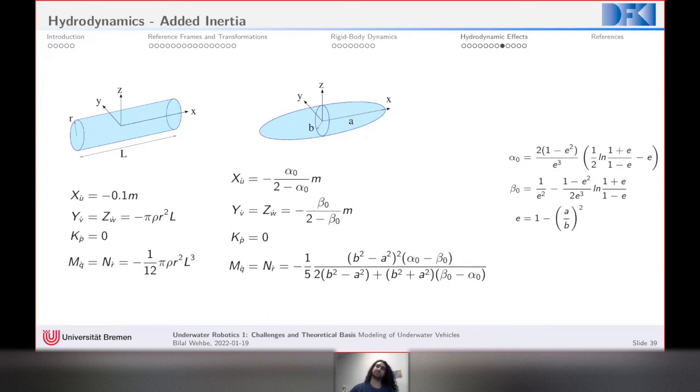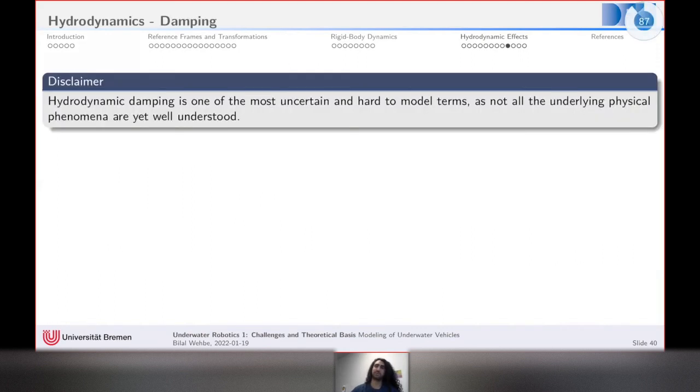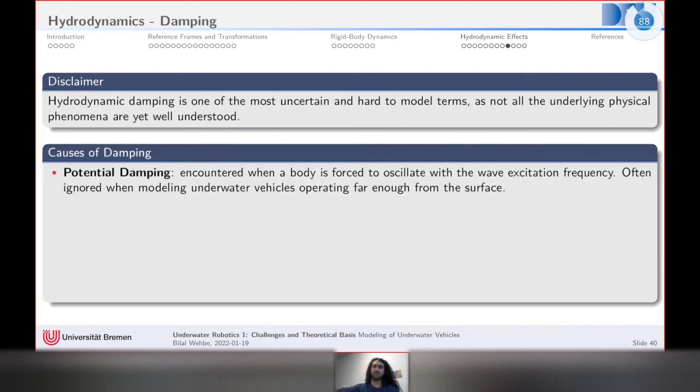Now, one of the other terms that plays a huge role is the damping. Damping is actually one of the most complex, even more complicated than the added inertia, and the hardest to model among all the underlying physical phenomena that occur when we are pushing a body in water.